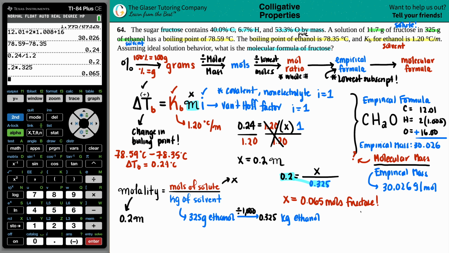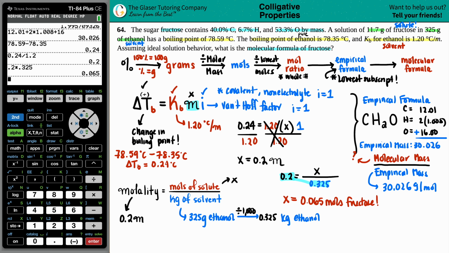Okay, now where are we going to go from here? Remember, we still want to get that molecular mass. This was where we were having a little trouble from before. Molecular mass is the same thing as molar mass, right?